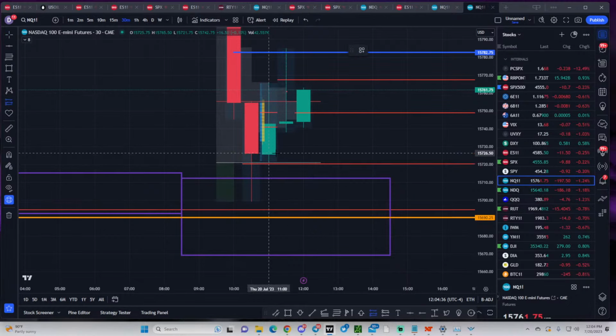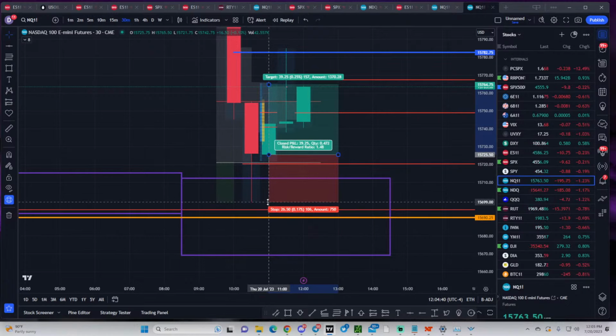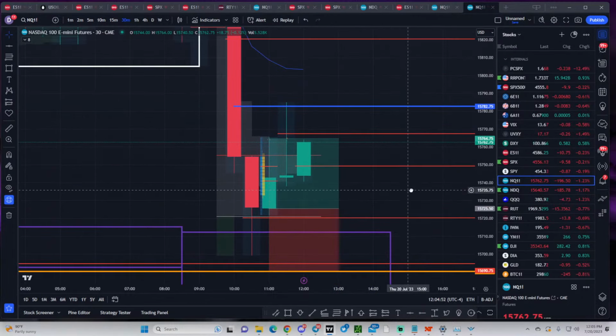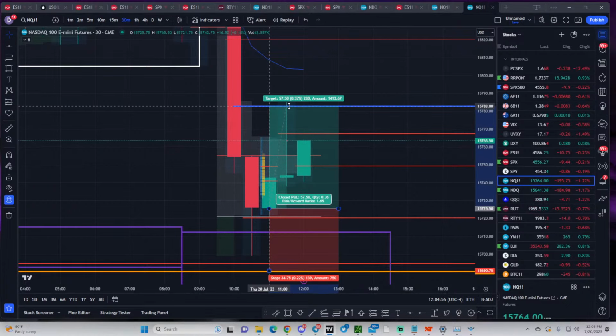A long trade would be a candle opening. Your risk is the low of that candle. I will have probably initial risk. Make no mistake. Initial risk doesn't mean that it's what you're risking. Okay, you have to have a stop to let the trade develop. And your target initially was 783.